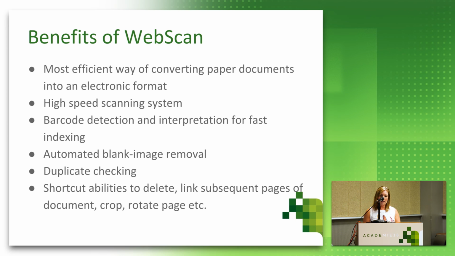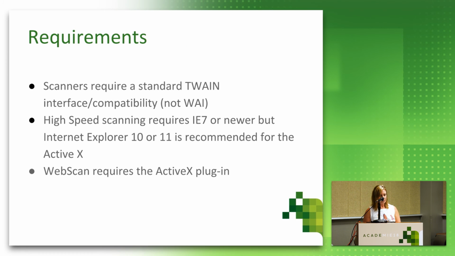We have automated blank image removal, which means if you have a blank page, it can automatically detect that and delete that out of the batch for you without wasting someone's time marking it as deleted. We check duplicate documents in charts, and we also offer shortcut hotkey abilities to delete or link other pages to page 1 of documents. We can crop, rotate, things like that.